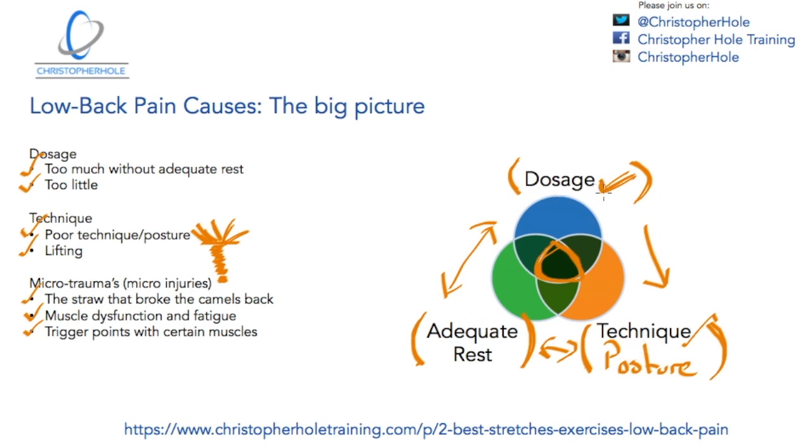Because if we can dose our exercise correctly, use better technique, and have adequate rest, we are going to minimize risk of injury. This is how I always describe it: we'll never prevent it, but we can certainly minimize it. So by using things like I've mentioned before, massage, foam rolling, stretching, dosing your exercise correctly, using improved technique and better posture with adequate rest, we're going to minimize risk of injury in the future.